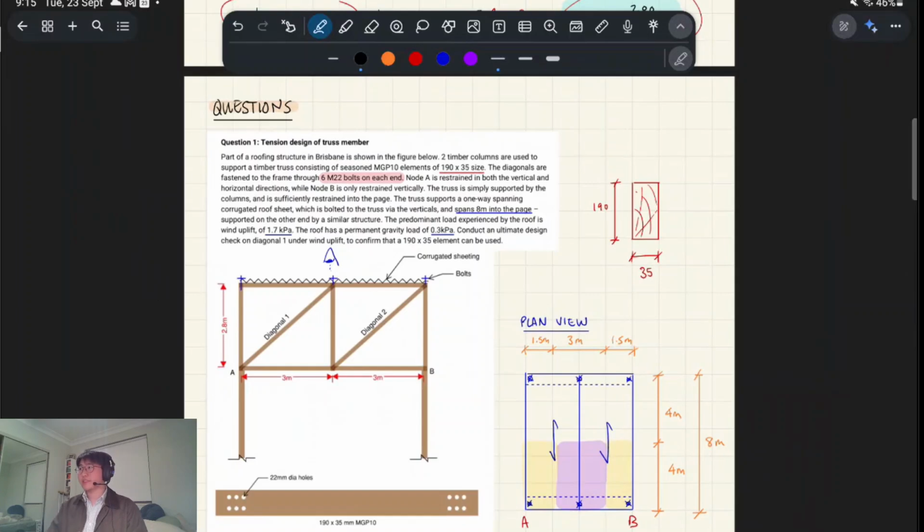It just takes a little bit of thinking, and thinking in 3D. That's the hard part about this part of the course. As I mentioned last lesson, the hard part about this course is essentially understanding how the entire structure looks in 3D, understanding where the loads come from and go, and as they move down the structure.